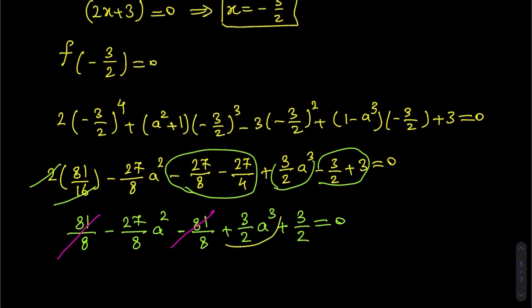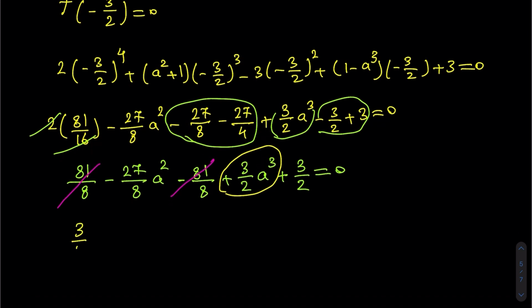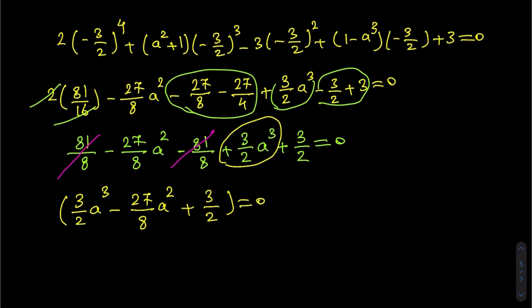Then I will rewrite the equation in this way. I will put first this term because it has a higher degree power. So I will write 3 over 2 a to the power of 3 minus 27 over 8 times a to the power of 2 plus 3 over 2 is equal to 0. Looking at the coefficients of this equation, we see fractions.